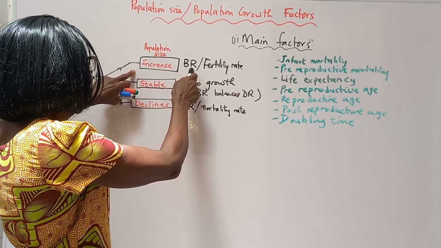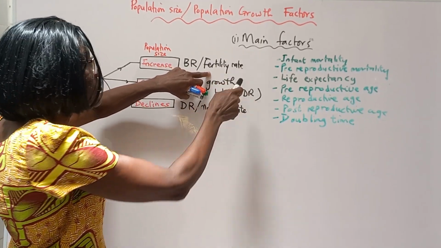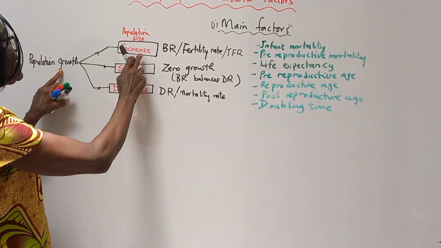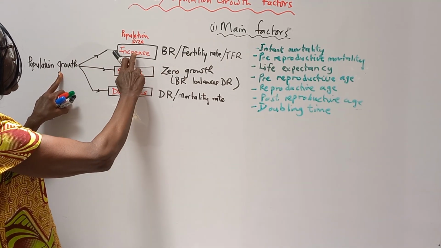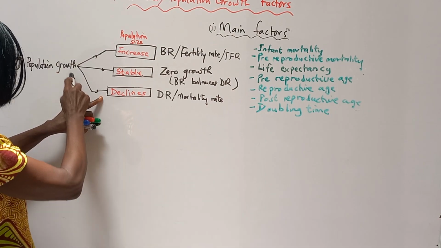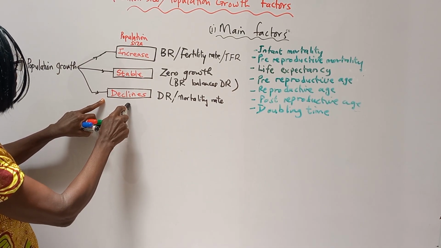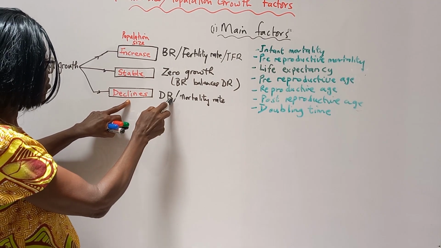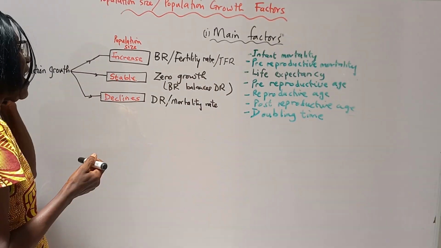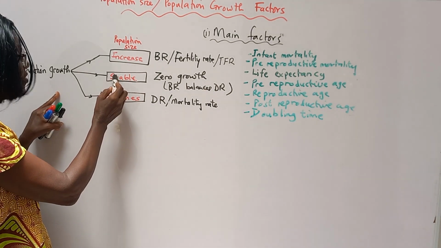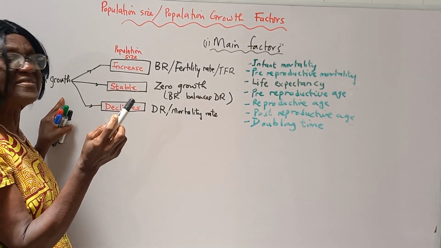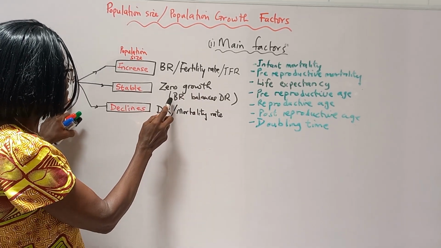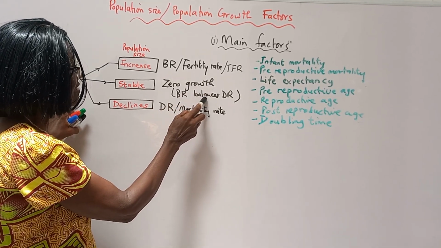I write just BR, fertility rate, or total fertility rate. We'll look at these. So as birth rate increases, population growth increases. Then if population declines, it means the population size decreases, and it's by death rate or mortality rate. And if there's no growth, the population size remains the same, then it's zero growth. What happens then is that birth rate balances death rate.